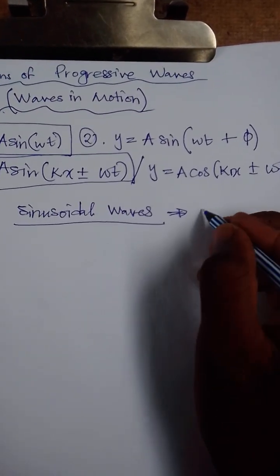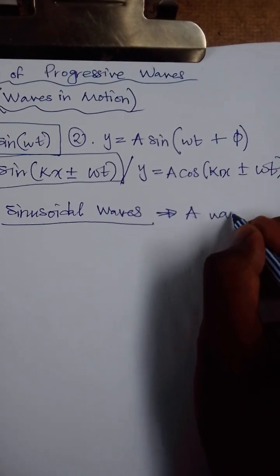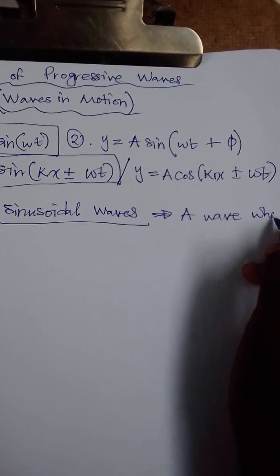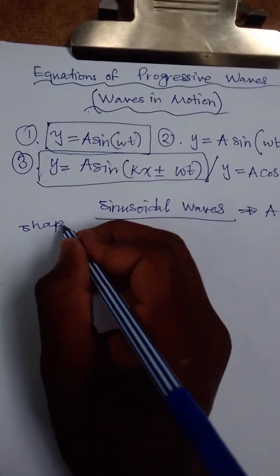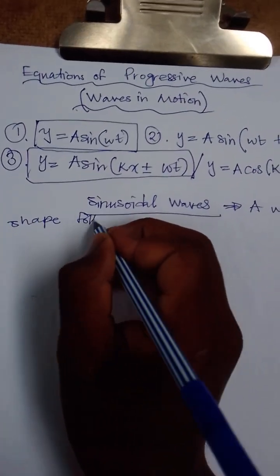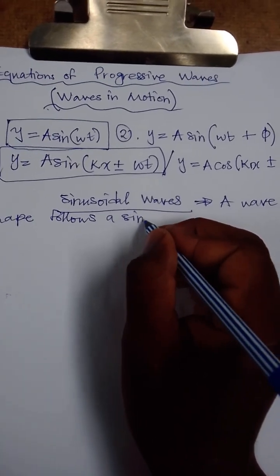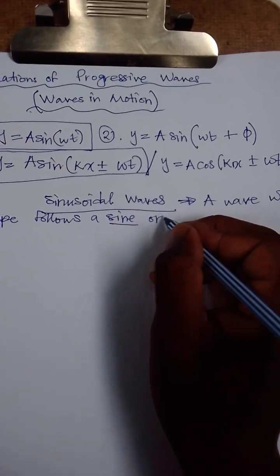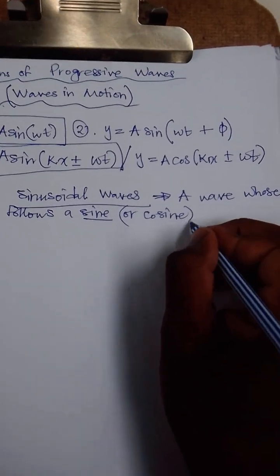A sinusoidal wave is a wave whose shape follows a sine or cosine curve.